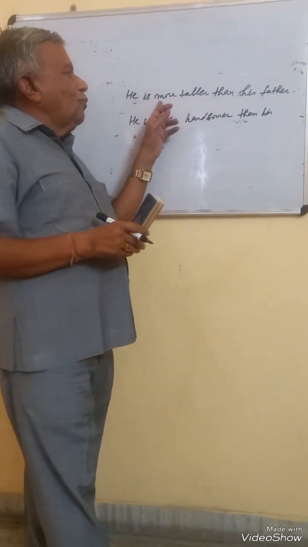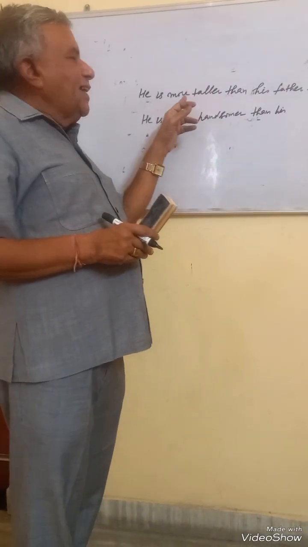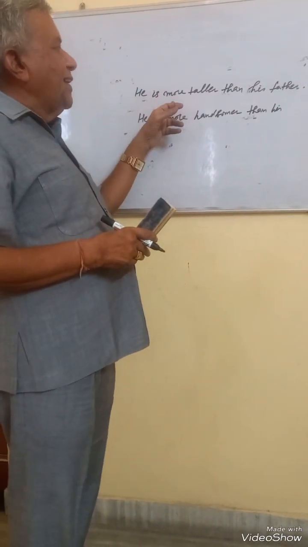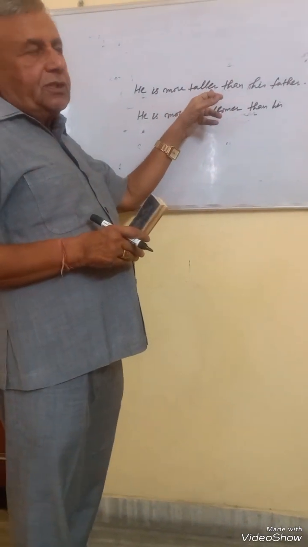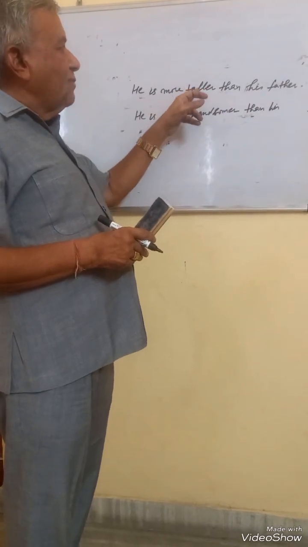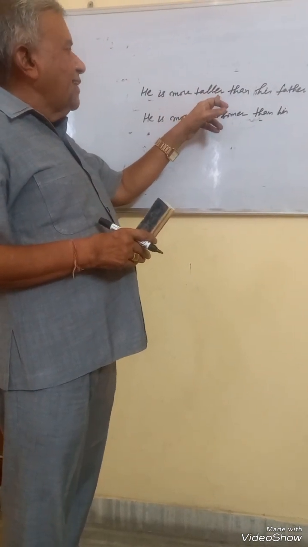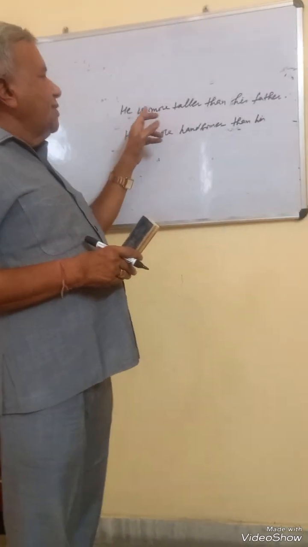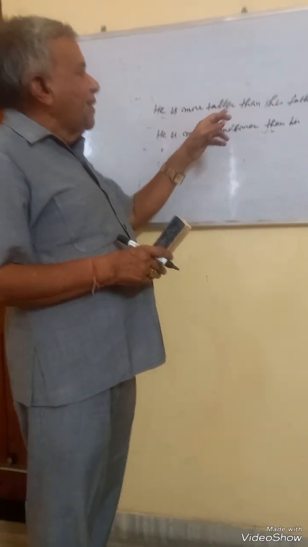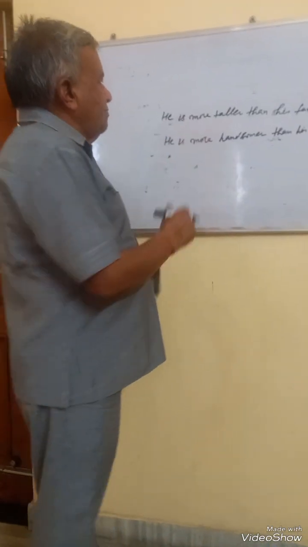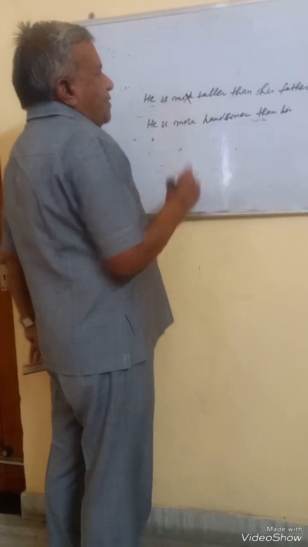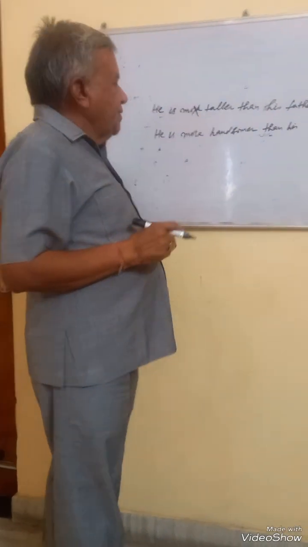We cannot use both together. If there are certain words where more is required, then er is not to be used. And in case of small words, if er is required, then more cannot be used. If we say he is more taller than his father, this is a wrong sentence. We must say he is taller than his father.